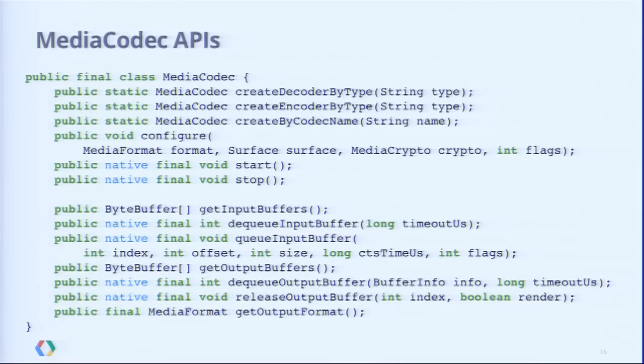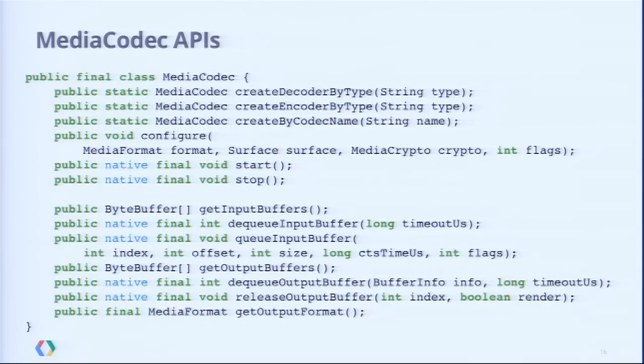The first three methods in this class allow you to create a media codec. A media codec can be created either by the MIME type it supports, or if you know the specific name for the media codec, you can just pass the name. You can create a decoder instance or encoder instance this way.